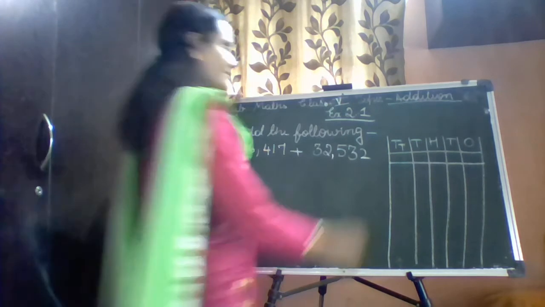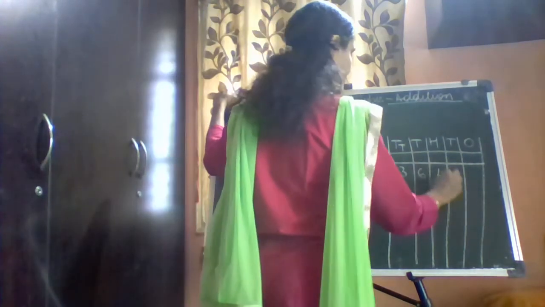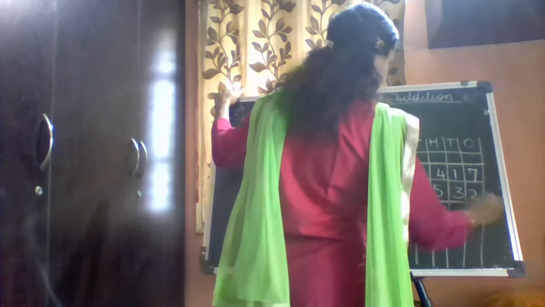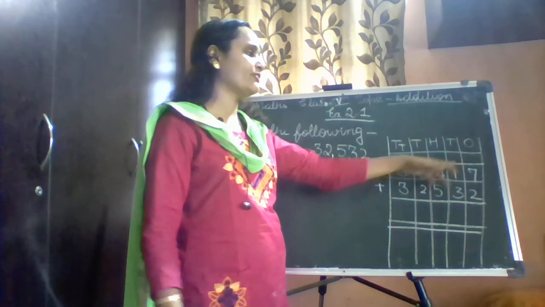And then in the second column fill the first number, 36417, plus fill the next column with the second number, 32532. You have to get the answer for this. Why I have left this column blank is that when you are carrying, you have to carry it here.